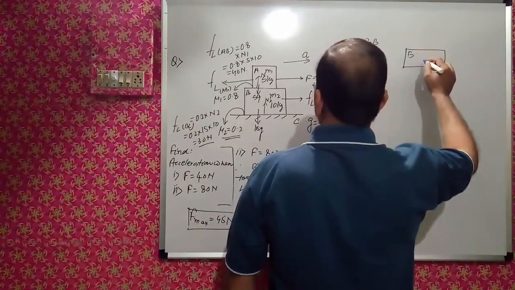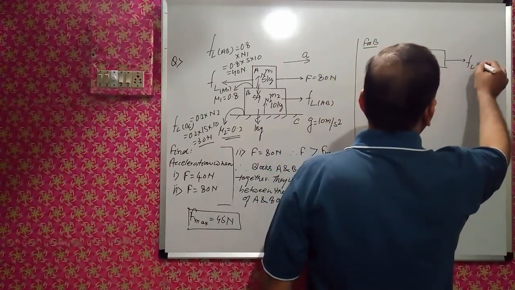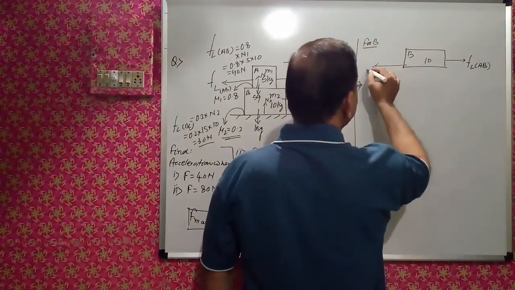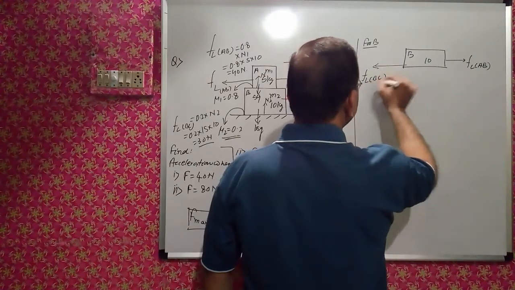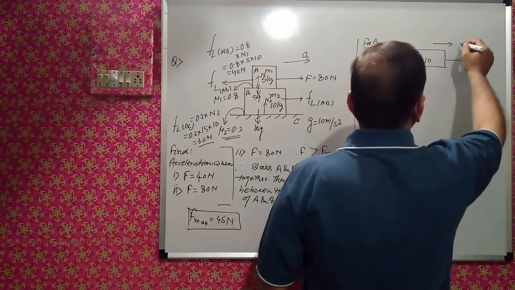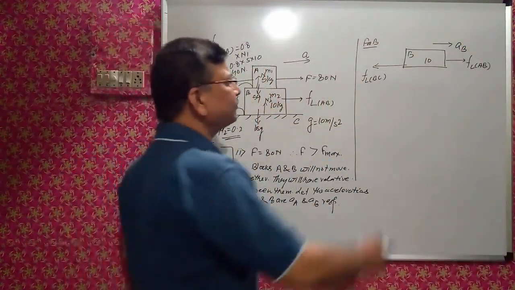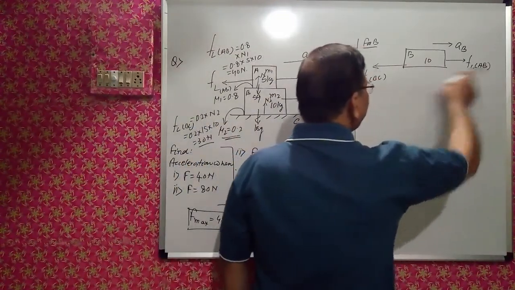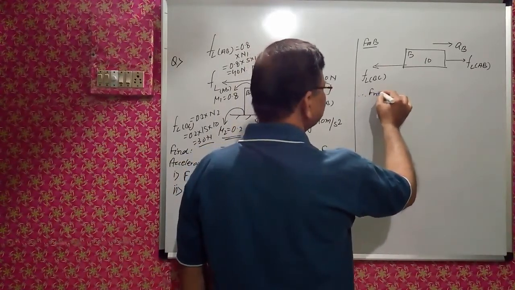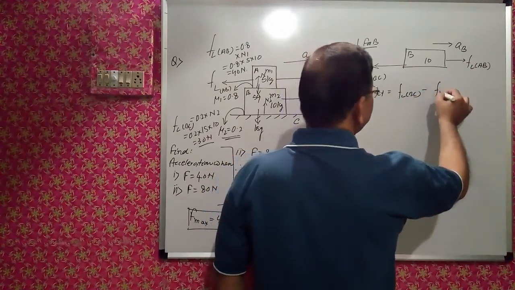This is B, 10 kg, and FLAB is acting in this direction, and in this direction it is FLBC. So acceleration is how much? AB. So F net will be how much? FLAB minus FLBC.